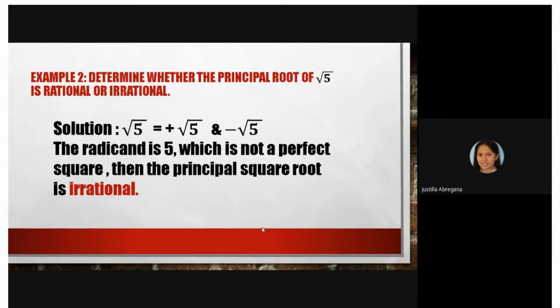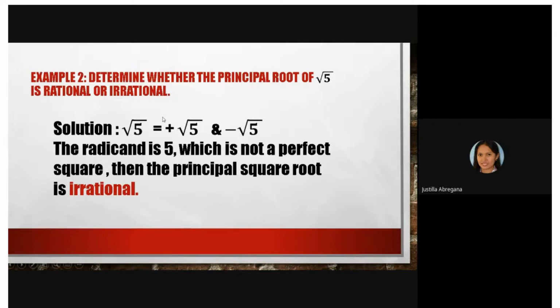Example 2. Determine whether the principal root of the square root of 5 is rational or irrational. So for the solution, the square root of 5. Is 5 a perfect square? Remember that for the perfect squares, we have 1 squared equals 1, then 2 squared is equal to 4, then 3 squared equals 9. So numbers between 4 and 9, we have 5, 6, 7, and 8, which are not perfect squares.